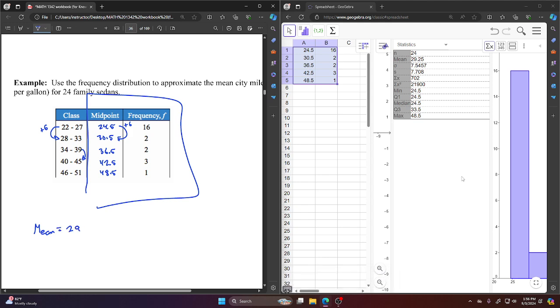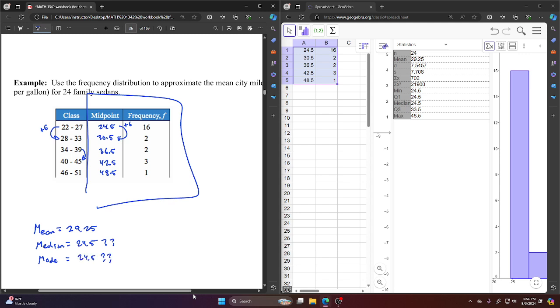So the mean is 29.25. My median, in case they're asking, is 24.5. Now this is an interesting one; we'll talk more about the median in a second. And then the mode, what would be the mode in this case? Yep, 24.5, exactly.